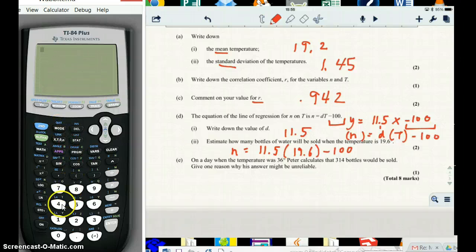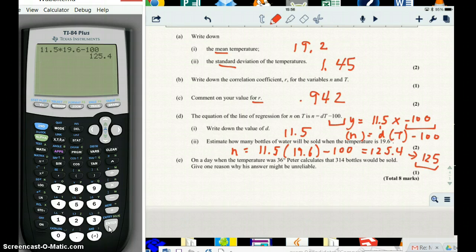We'll go to the regular screen of the calculator, 11.5 times 19.6 minus 100 is 125.4. So since they asked the number of bottles of water and we're estimating, we say it's going to be 125.